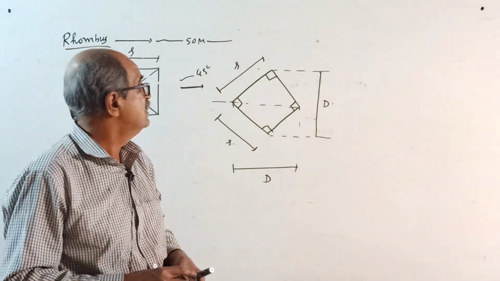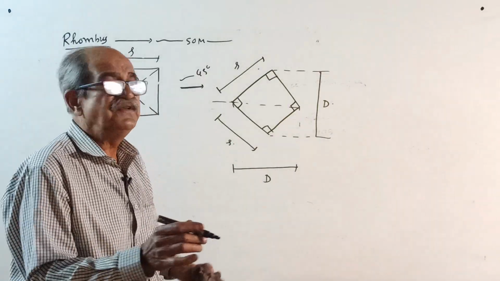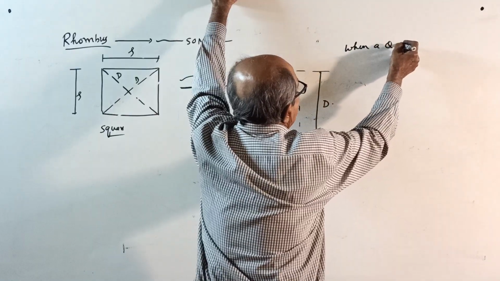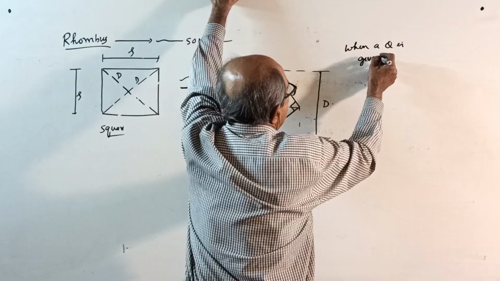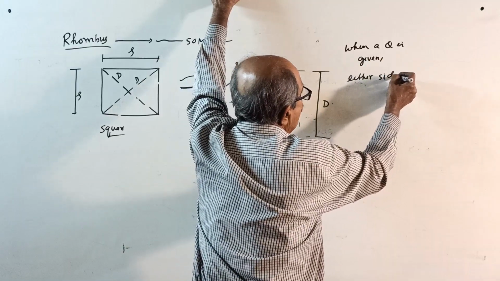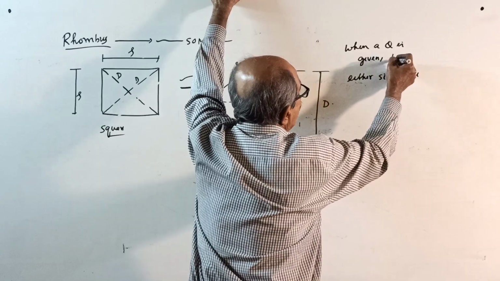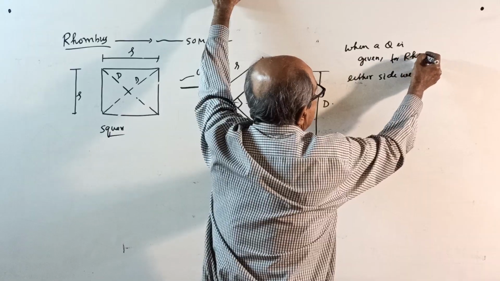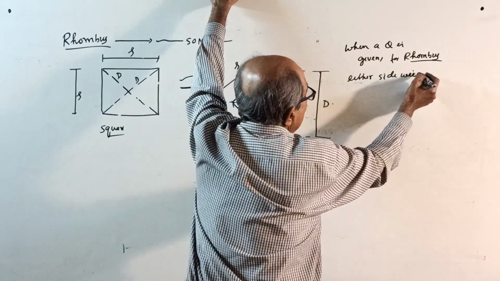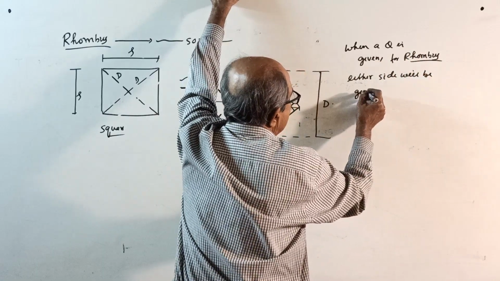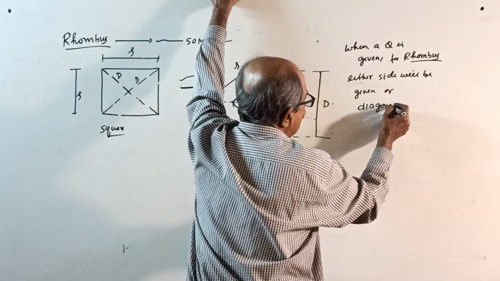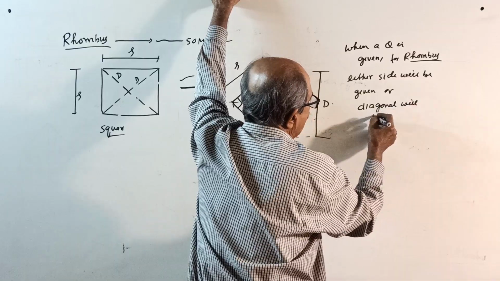Now when a question is given, make a note. When a question is given for rhombus, either side will be given or diagonal will be given.